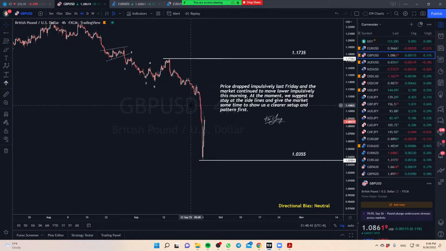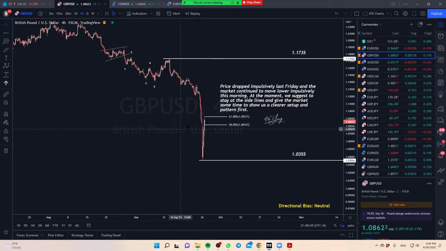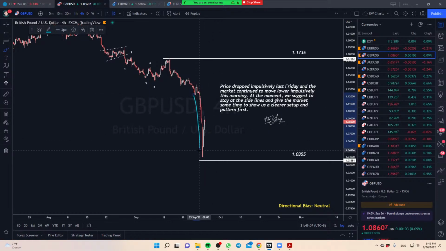I think in pound, the previous event that caused such volatility was Brexit. But you see today we rallied almost back to like 50 or even 61.8% of that move on Friday. Almost exactly at 61.8. So this is again the idea where every time you see a strong move, you don't want to touch it first, right? Because something like this can happen.